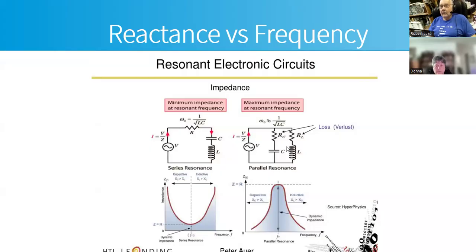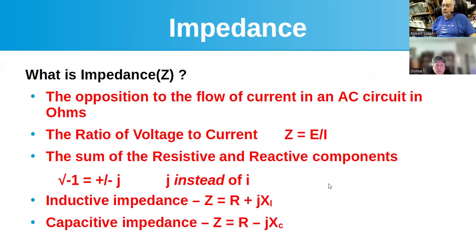Typically a resonant parallel circuit like this would have a fairly high Q, and you'd see a very sharp peak instead of this broad one they're showing here. Any questions on those? Like I said, it's a lot to absorb.